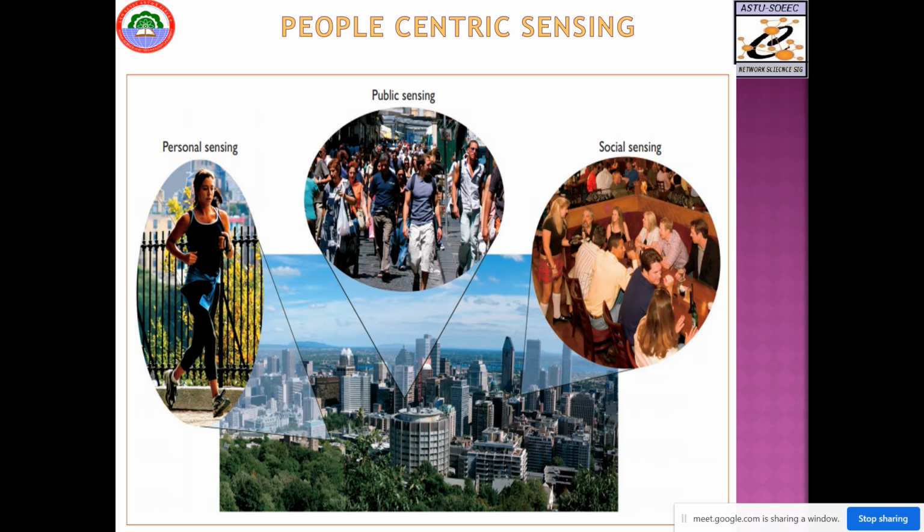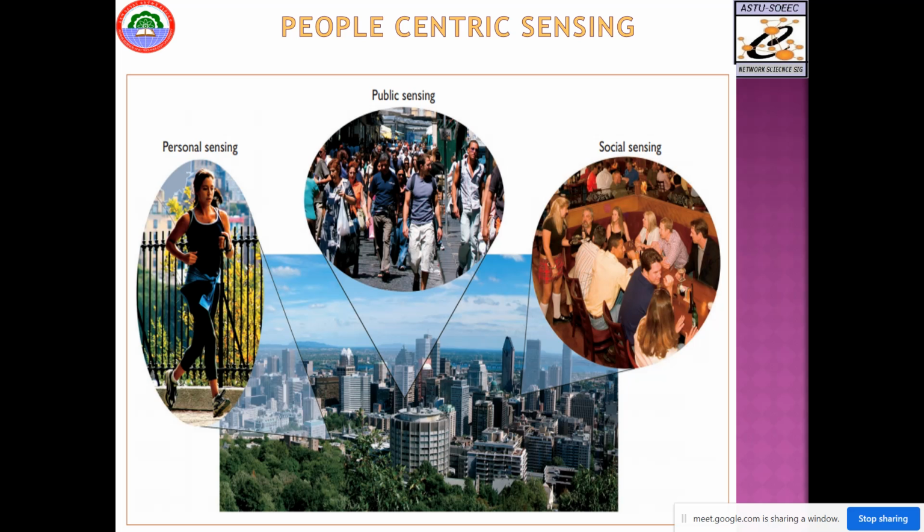It enables sensing coverage where the large public is roaming around. Where more people are roaming, it has to collect the information from them, and that will be transferred to the sink node.